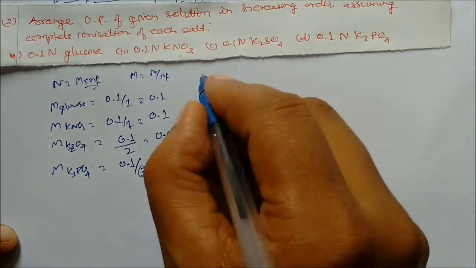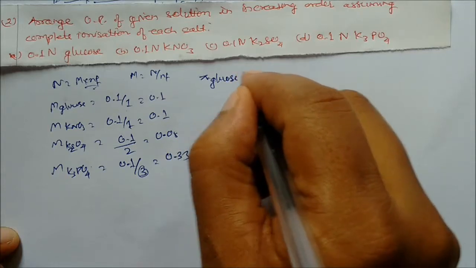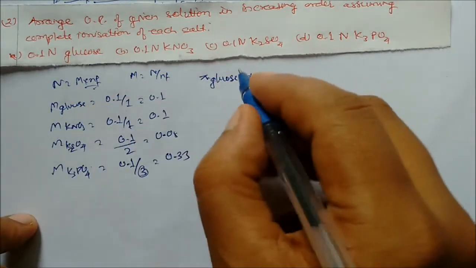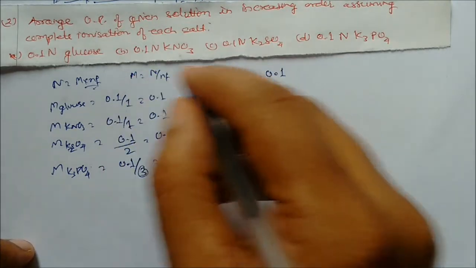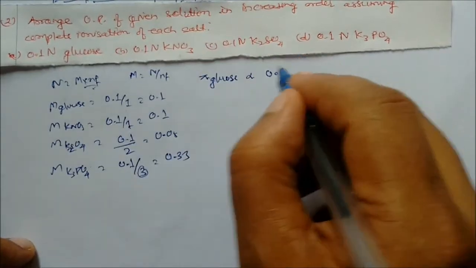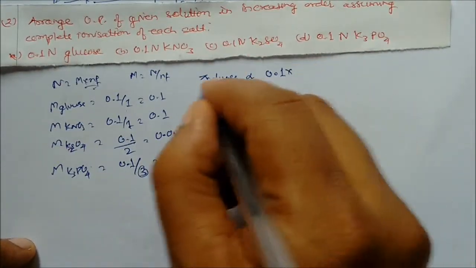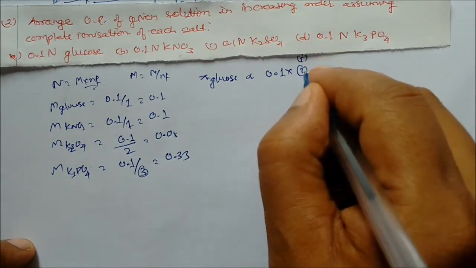Now it is very easy to solve. Pi of glucose is proportional to the concentration of glucose, that is 0.1, and the ionization is also given. For glucose, i is 1, so the value is 1.